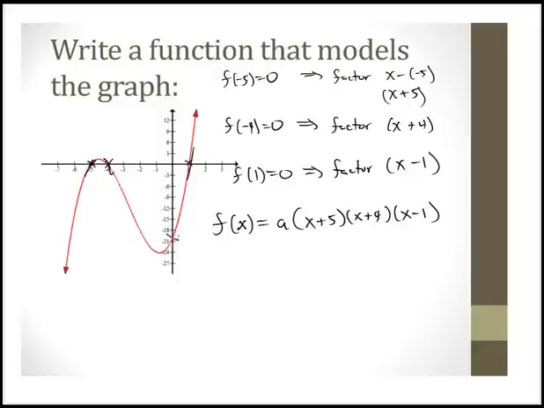So I'm going to focus on this point. That looks to be (0, -20), or pretty close to it. So when x is 0, the output is -20. Then -20 equals a times (0 plus 5)(0 plus 4)(0 minus 1).